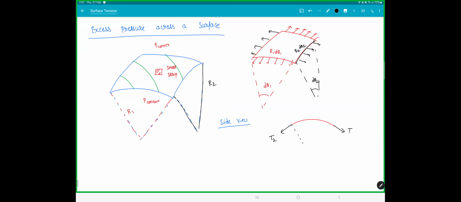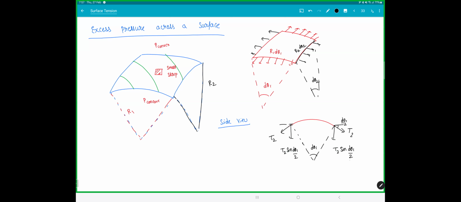If you take the black one, the tension is pulling it, and this angle is d theta 1. So this angle is d theta 1 by 2. So the vertical components will be T2 sine d theta 1 by 2. This will be T2 sine d theta 1 by 2.